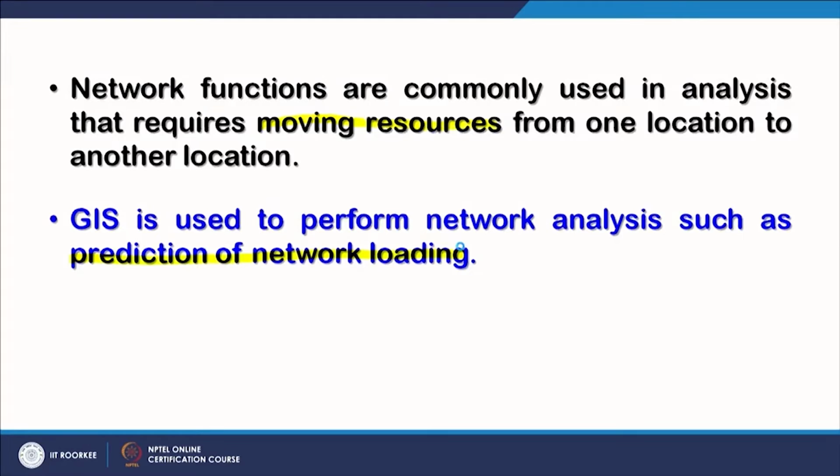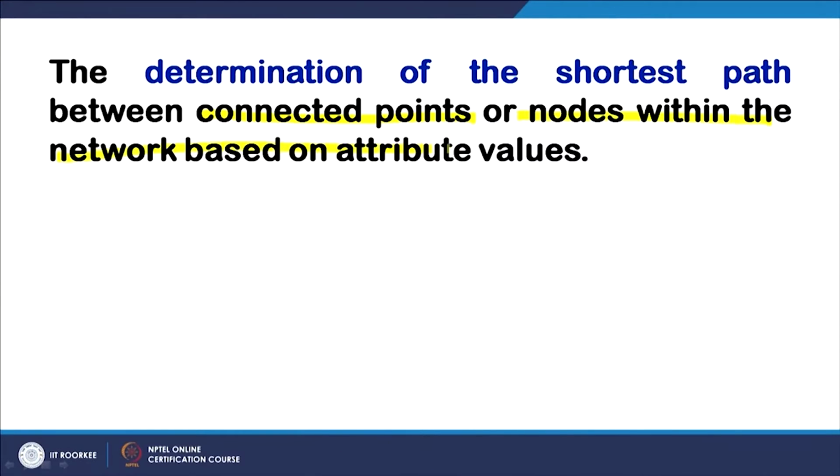Also, a very common application of network analysis of GIS is the determination of the shortest path between connected points or nodes within the network, based on the attribute values. Let me give you one example. A few years back I read that in some western countries, a newspaper man wanted to know the shortest path to deliver newspapers every day in a part of a city.